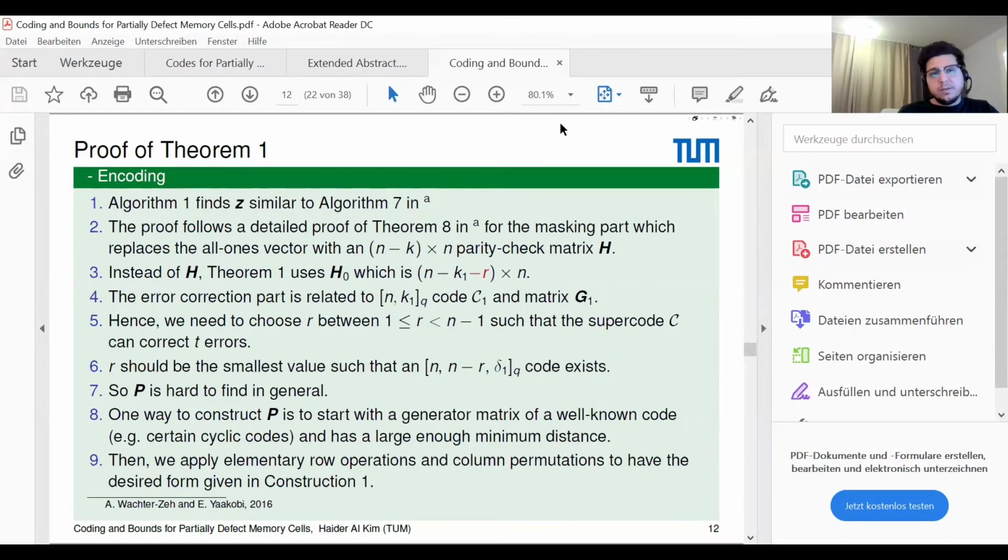But the notation here is different, because we just try to find a good code. So P is hard to find in general. One way to construct P is to start with the generator matrix of a well-known code, for example a certain cyclic code that has a large enough minimum distance. Then we apply elementary row operations and column permutation to get the desired form given in construction 1.